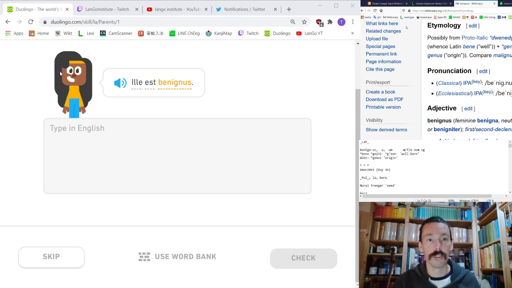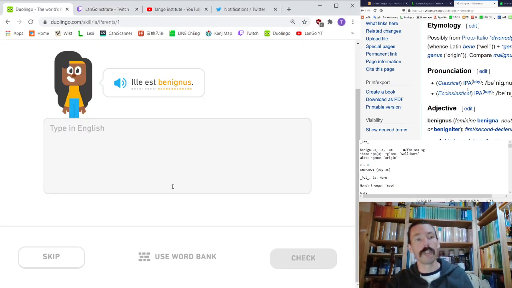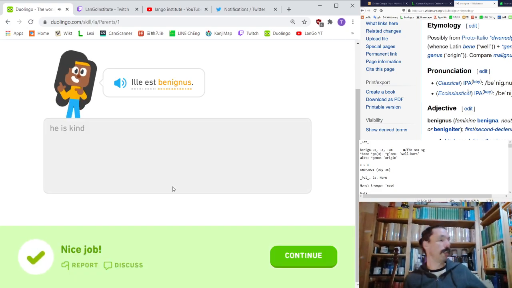It's a reconstruction in this case. But that's not what we're here for. Well, I find it really interesting to know where these words come from. A lot of things that we think are just a single thing often turn out to be compounds, combinations of two things that we know as words elsewhere. The meaning is, he is kind. Benignus.